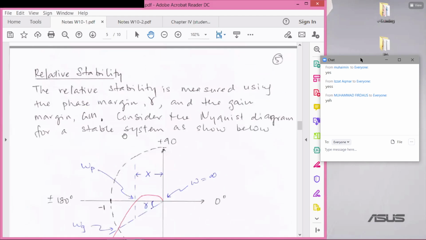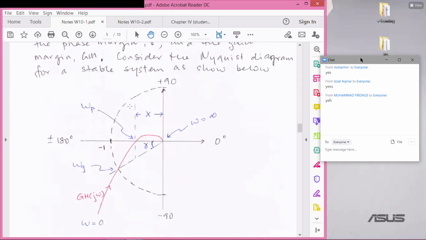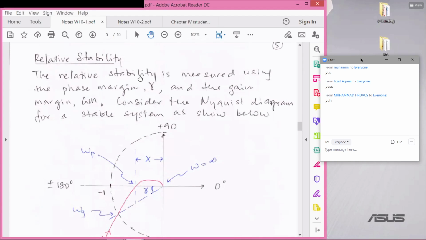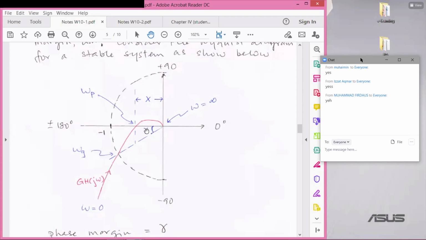So how do you evaluate relative stability in the form of phase and gain margin? Okay, the phase margin gamma is the angle you get when you draw the circle of radius 1 from the origin, and this is the gain crossover frequency.